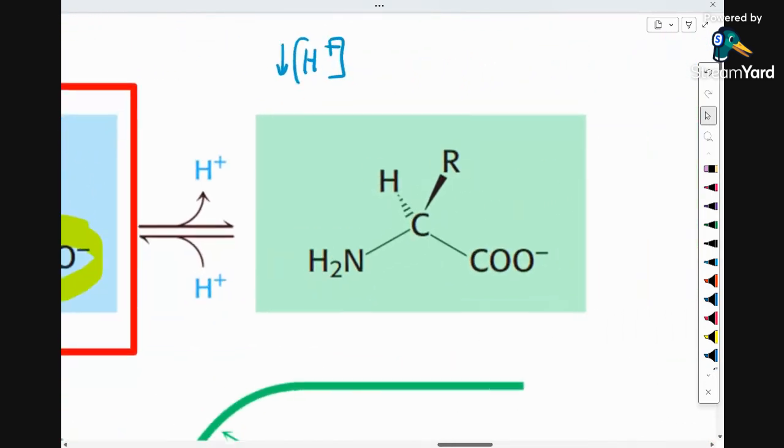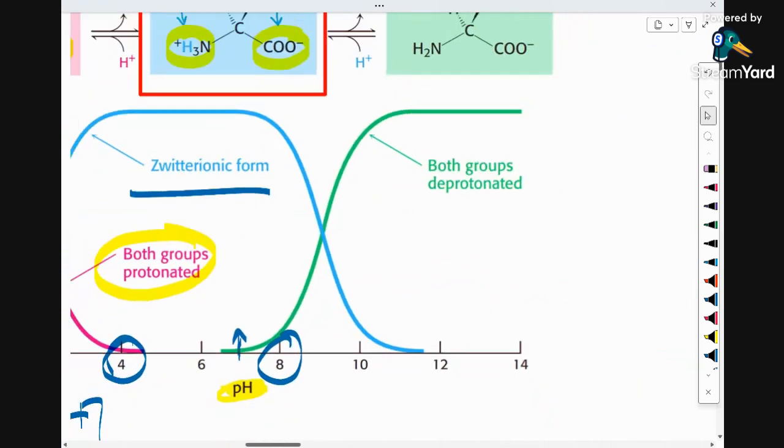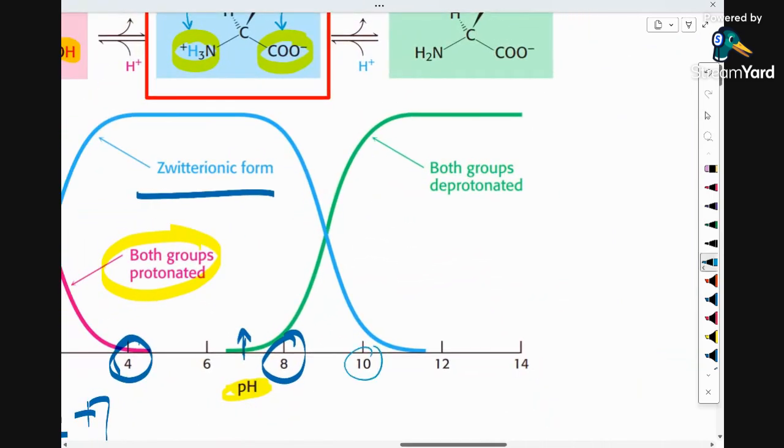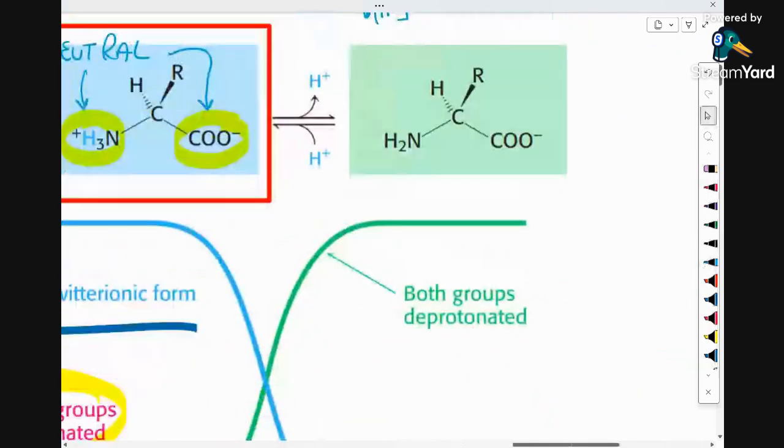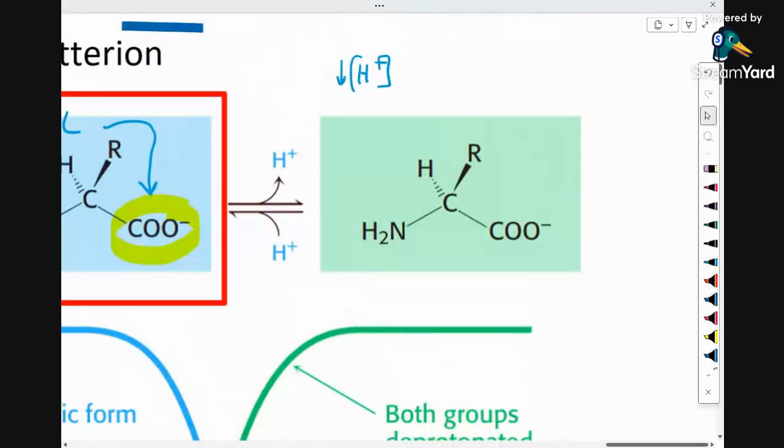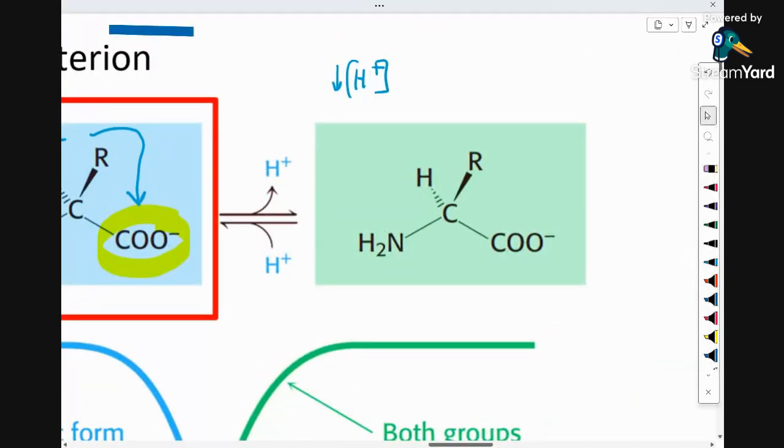So what that means is as you increase the pH above pH 10 or so, the pH increases. So more of your molecules are in the deprotonated form. So your carboxylic acid group will not have its proton. It's negatively charged as a result. But your amino group hasn't picked up a proton.